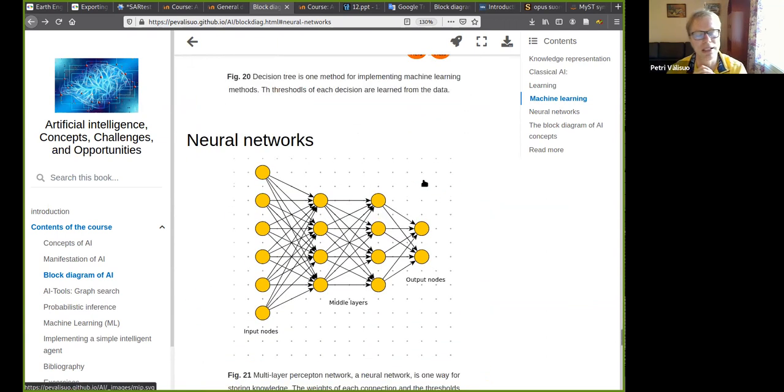And in this seagull case, there were much more properties. There were like color, wing color, how it flies, does it swim, and so on. So there can be many kind of input parameters which are fed into this network here from the left-hand side.